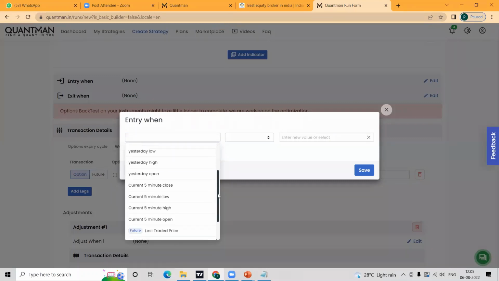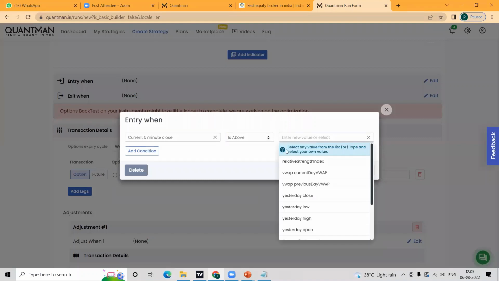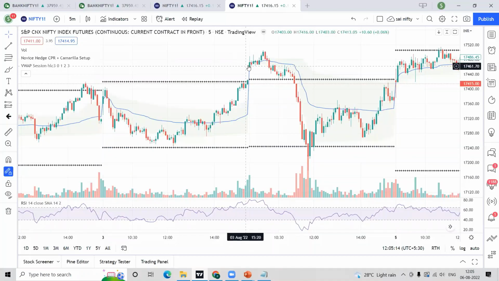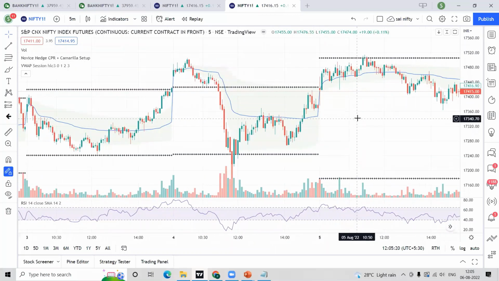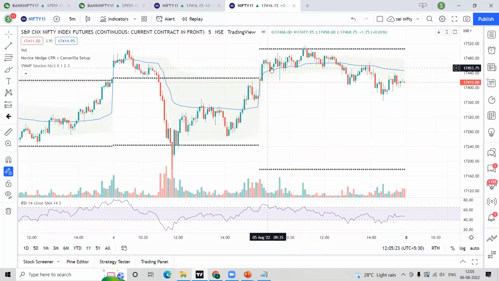First, the condition is that the 5 minutes close price is above the previous day high. That means yesterday's high. Yesterday, did you notice that the price was not moving beyond the previous day high?